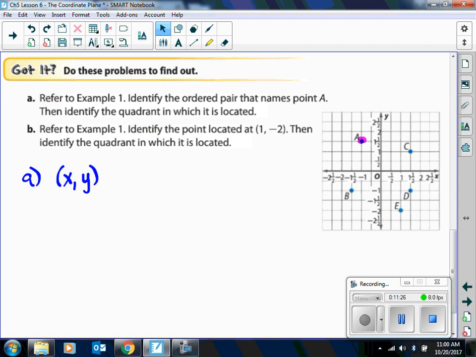But we're not counting by ones. What are we counting by? Halves. So this is going to be negative 1/2, and negative 1. Negative 2 halves is negative 1, right? And then up 1/2, 1, and then 1 1/2. So at A, we have negative 1, comma 1 and 1/2.